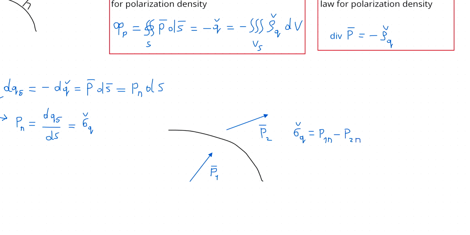Where to use plus and where to use minus is explained by the picture. So this is the surface density of bound charges.